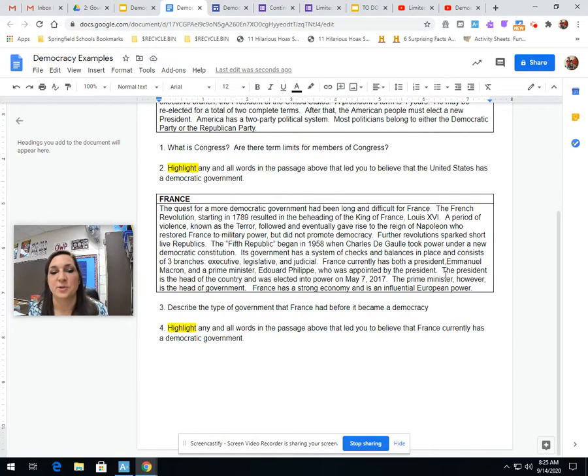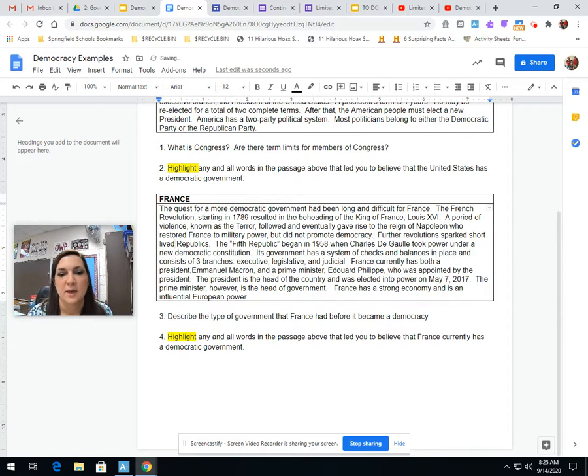Further revolutions sparked short-lived republics. The Fifth Republic began in 1958 when Charles de Gaulle took power under a new democratic constitution. Its government has a system of checks and balances in place and consists of 3 branches: executive, legislative, and judicial.